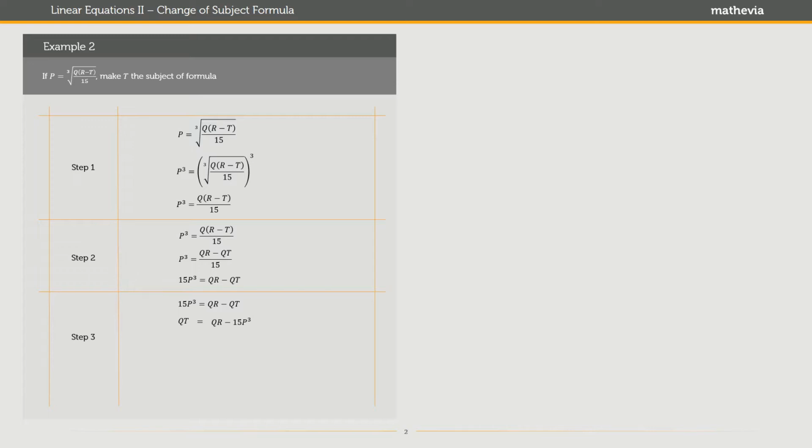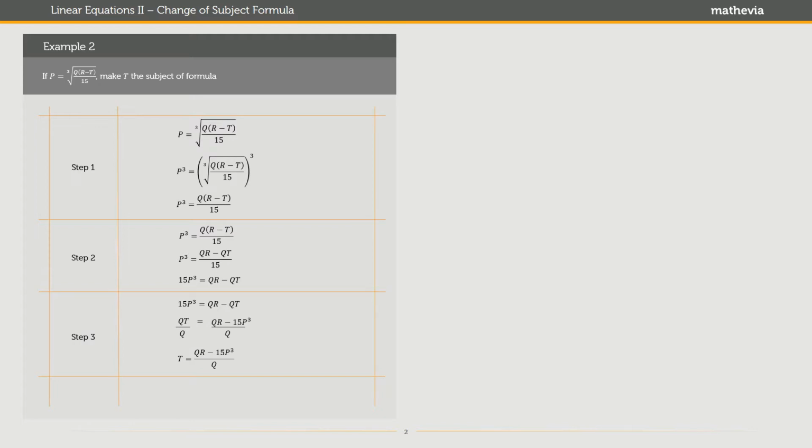Looking to get t alone on the left and everything else on the right, I'm going to divide. We have q multiplying t, so I'm going to divide both sides by q. What I have as my final answer is t equals qr minus 15p cubed over q, and that is your formula with t as the subject.